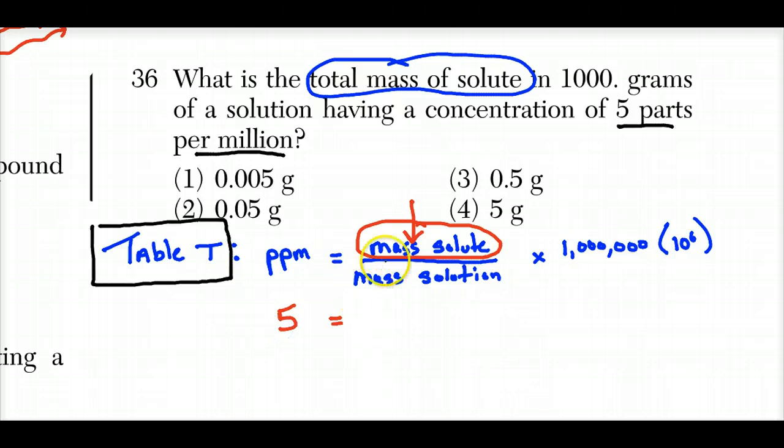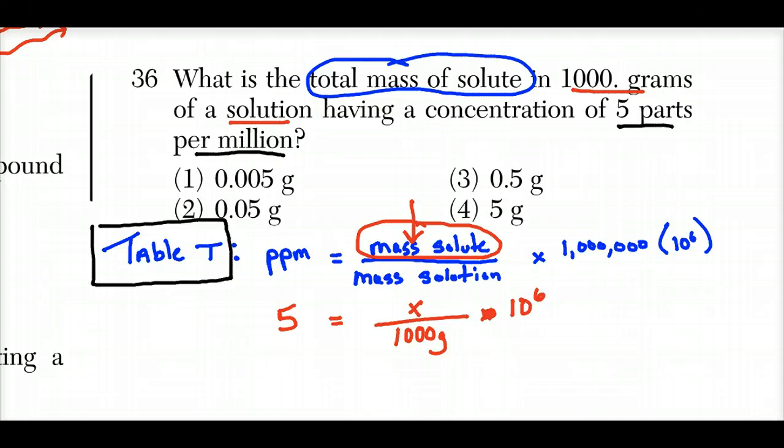I know that there's 1,000 grams of solution, which is the bottom number here. So our X is above, that's our mass of solute we're trying to find. The mass of our solution is 1,000 grams, and I'm timesing it by my million, which is 10 to the 6th.